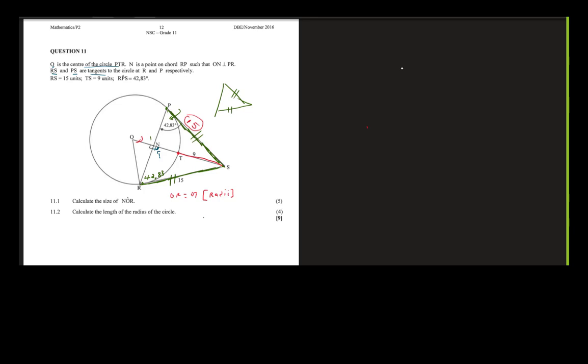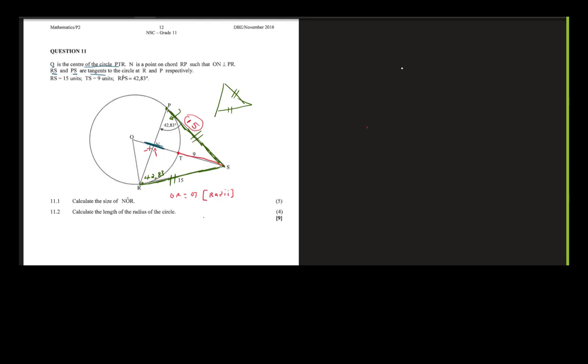The reason is that they are on a straight line. Angles on a straight line add up to 180. This angle and this one here. Let me make that straight line with a different color. This one, this is our straight line.